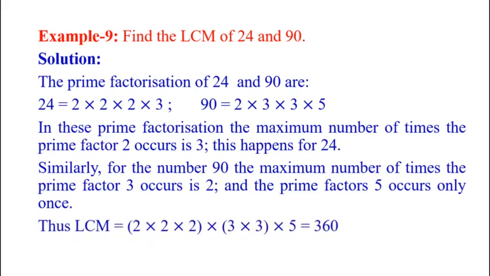So LCM is equal to 2 into 2 into 2 into 3 into 3 into 5. So 2 occurs maximum 3 times, 3 occurs maximum 2 times and 5 occurs once. So the product is 360. So the LCM is 360.